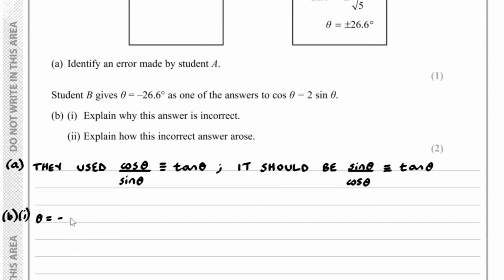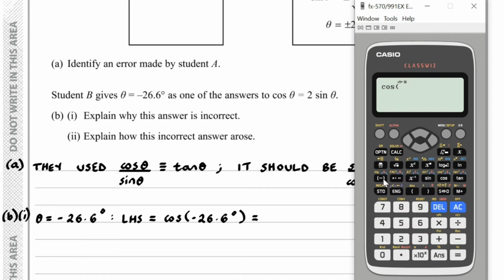When theta equals minus 26.6 degrees, on the left hand side of our equation we have the cosine of minus 26.6 degrees, and if we work out the numerical value of this, the cosine of minus 26.6, that's equal to 0.894, etc.